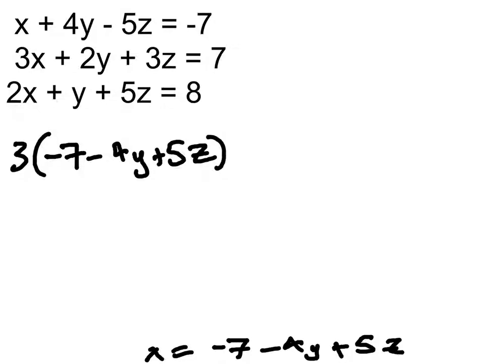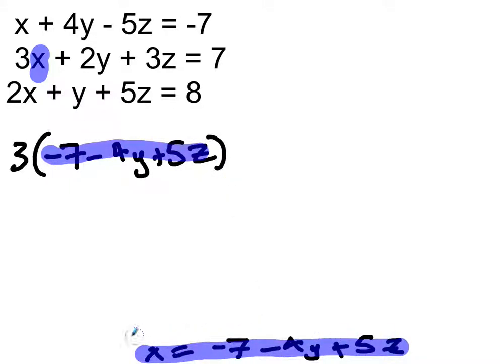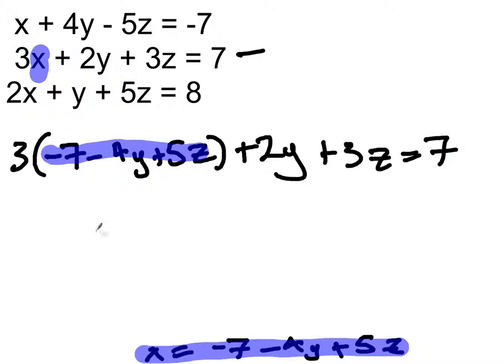Let me do some highlighting here so it's easier to tell. So I just substituted, that's a very big highlighter. I just substituted in for x all of this value because x is equal to all of that. And then I'm going to copy down the rest. Plus 2y from here. Plus 3z equals 7.